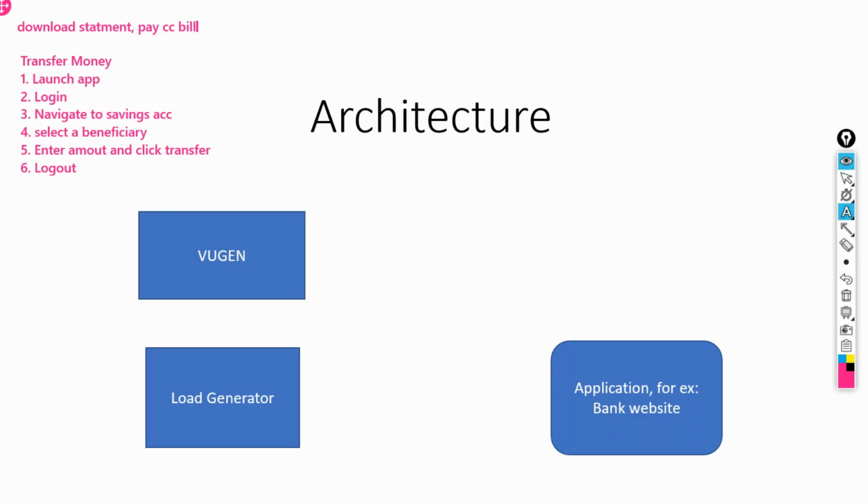So which component do we have to use to generate or develop scripts for these kinds of scenarios? Vusion. Vusion is something which we use for generating the script, developing the script or enhancing the script, record and enhance, and then that script will be run by the virtual user again and again for n number of times.